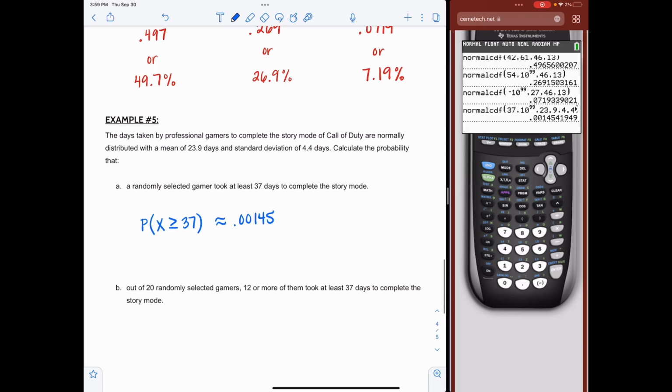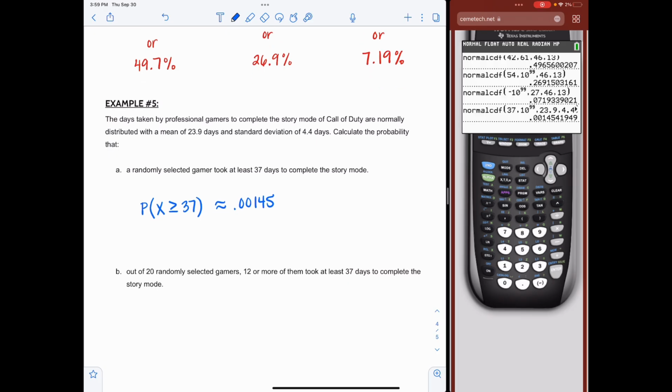So now part B. It says, out of 20 randomly selected gamers, what is the probability that 12 or more of them will take at least 37 days to complete the story mode? So this is a binomial distribution because you're talking about out of 20 gamers, you're looking at 12 or more of them that took 37 days to complete the story mode.